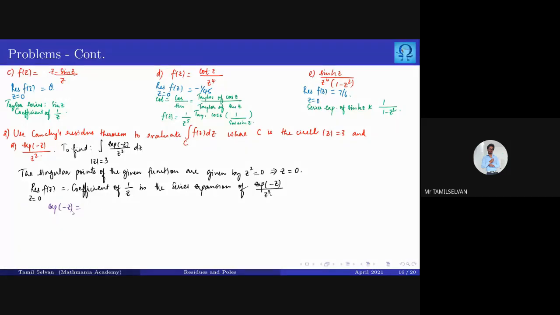Kavirsi. Sir, what is the series expansion of exponential of minus z?